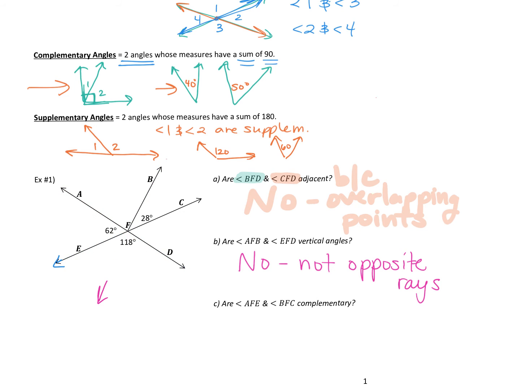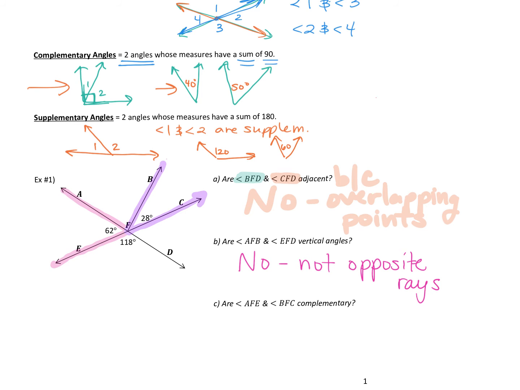Let's erase again. Now it says, are AFE, that's A to F to E, that angle, and BFC, right there, so are the pink angle and the purple angle complementary?